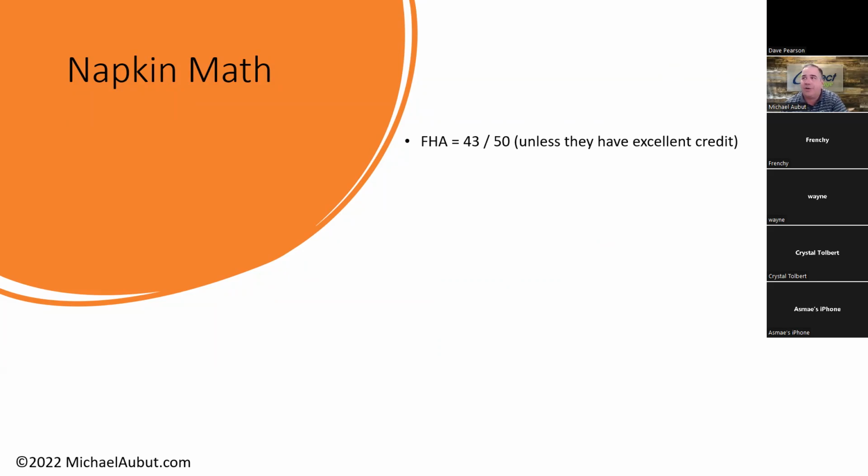Front ratio, back ratio. If you have a way to hit that little button to show hands, by a show of hands, and if you don't have a way to show your hands, say something in the chat room. By a show of hands or a yes in the chat, who knows what front and back ratios mean? Who knows what, in this case, 43 and 50 means? Or who doesn't know?